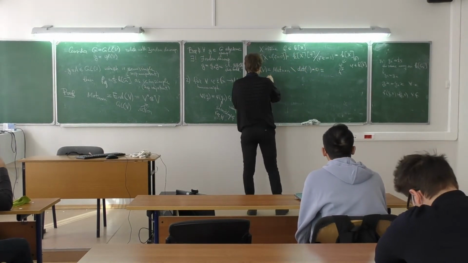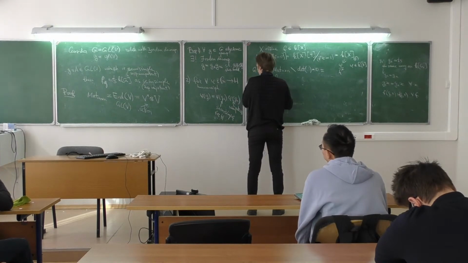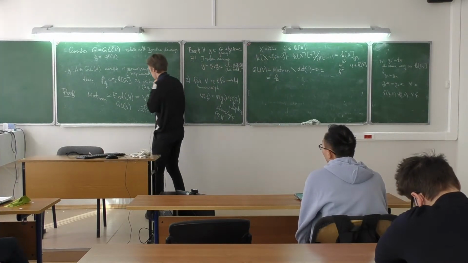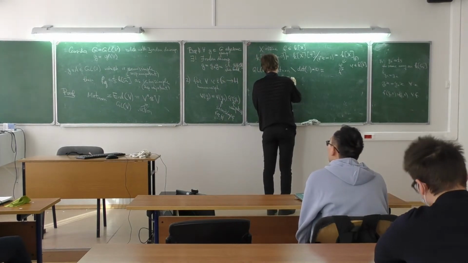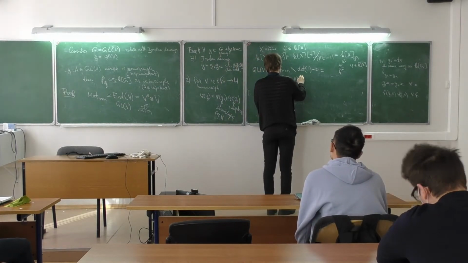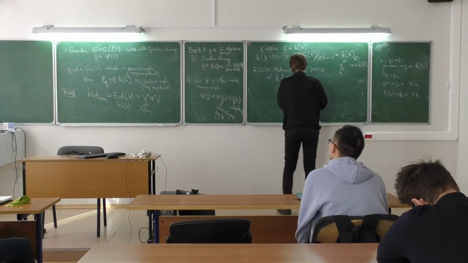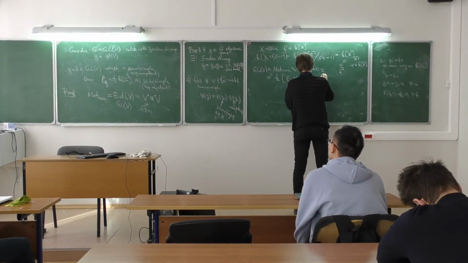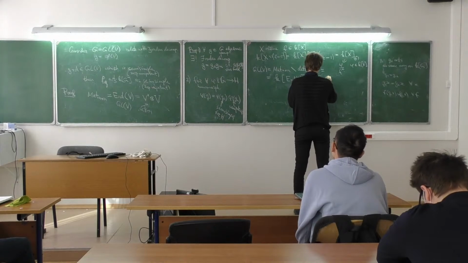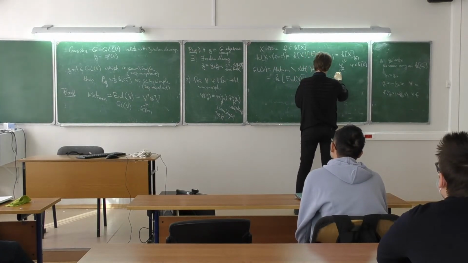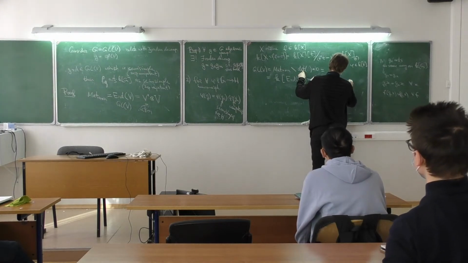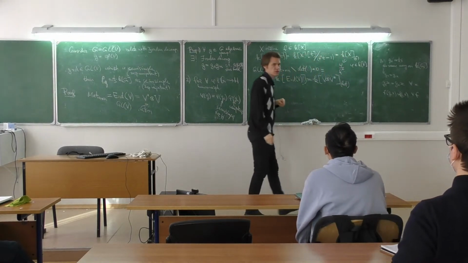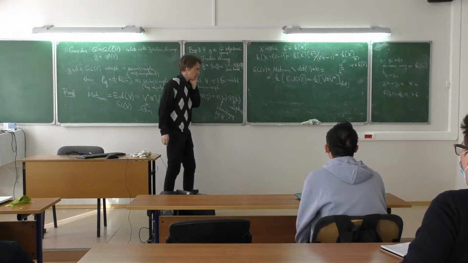So this means that you have to take k of this vector space, the functions on this vector space, which is the endomorphisms of V, and which is k of V tensor V dual, and localize it at the determinant. So take this function and localize it.